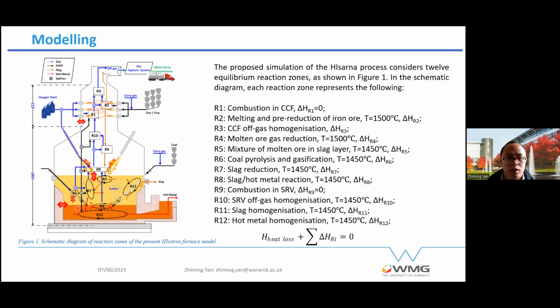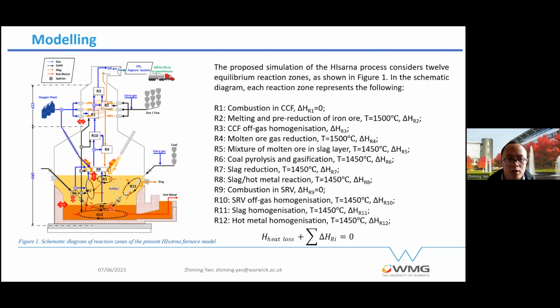And reaction zone 6 is the coal injection. So we are considering the coal pyrolysis and the gasification here. And reaction zone 7 is the slag reduction by the coke and by the gas produced from reaction zone 6. And then the metal produced will go to here.